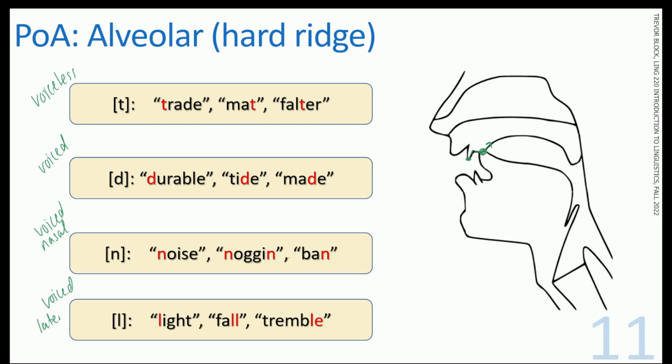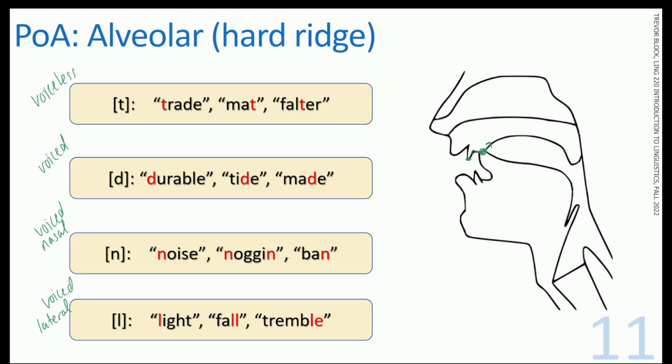So this is made at the same spot, but air is going underneath your tongue, around your tongue, rather than on top like other sounds. So light, fall, tremble. You can feel your tongue going up to the top, but air is still able to escape. So those are 4 of the alveolar sounds.